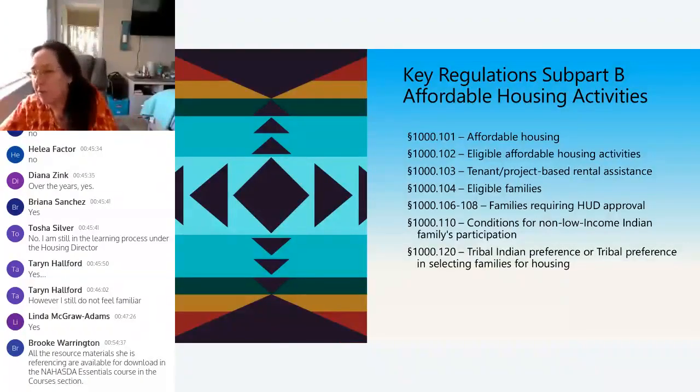Affordable housing is under 101, eligible affordable housing activities under 102, tenant project-based rental assistance under 103, your eligible families are described at 104, 106 to 108 cover families that require additional HUD approval, 110 covers conditions for non-low income families' participation, and 120 covers tribal Indian preference, or tribal preferences in selecting families for housing.